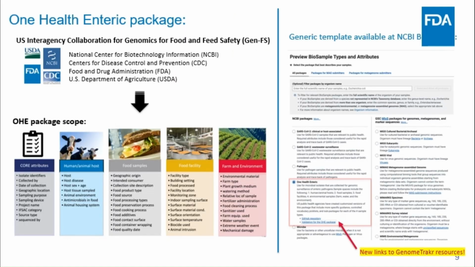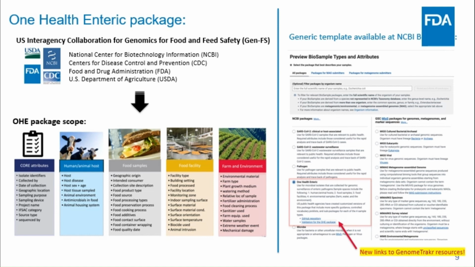Specifically, what we found is that it's better to use standard metadata to describe the isolate. And so we've worked with collaborators to develop a One Health enteric package. And what this package does is it creates standard words and descriptions of multiple places where you would find foodborne pathogens.